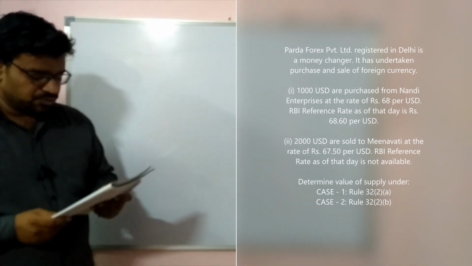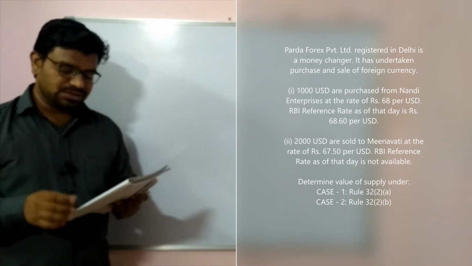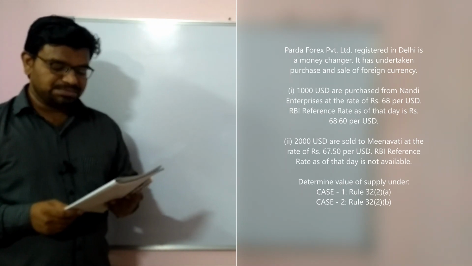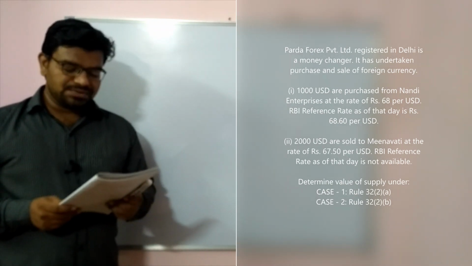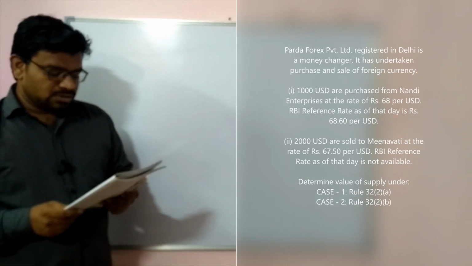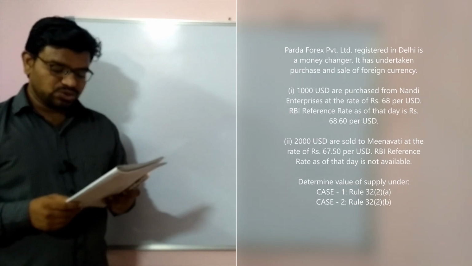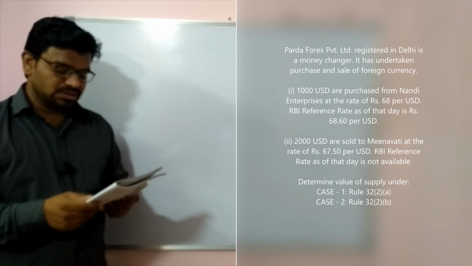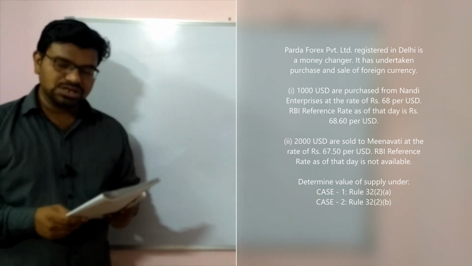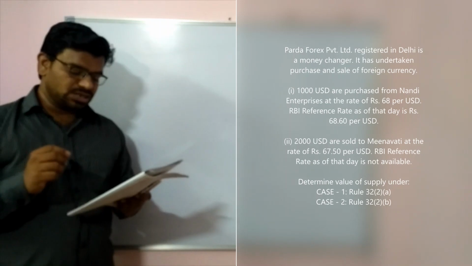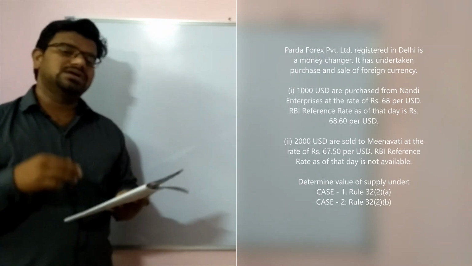Point 1 says $1,000 are purchased from Nandi Enterprises at the rate of rupees 68 per US dollar. RBI reference rate is given, that is 68.60. $2,000 are sold to Minawati at 67.50 per US dollar, and here RBI reference rate is not given. We have to calculate using two cases, that is rule 32 part A and part B.